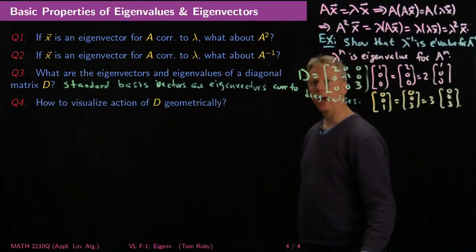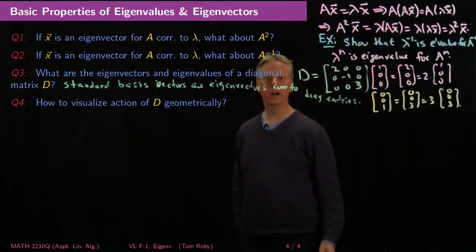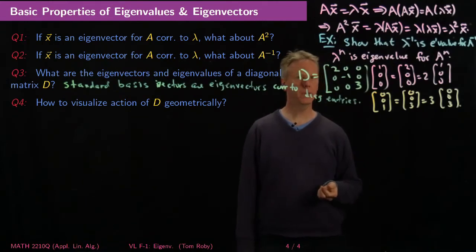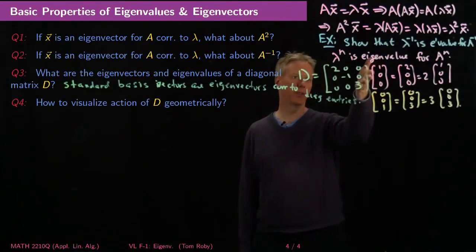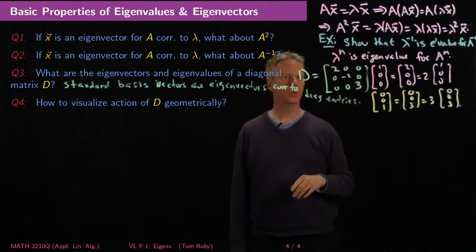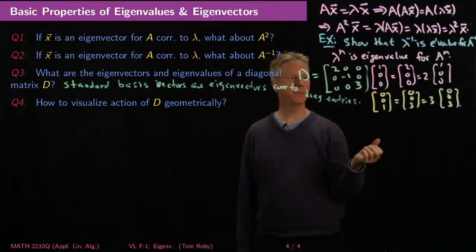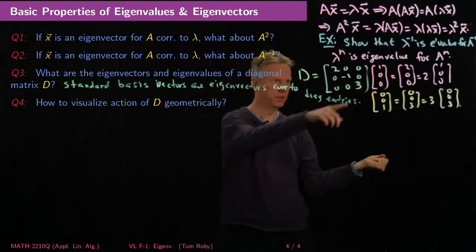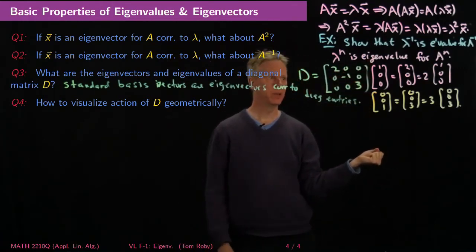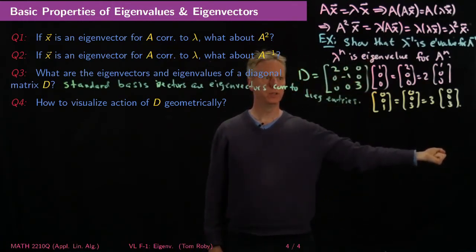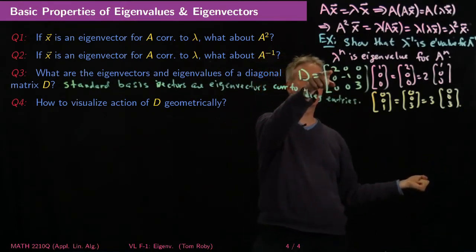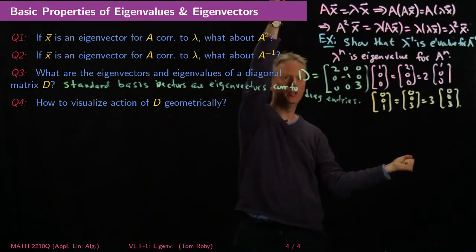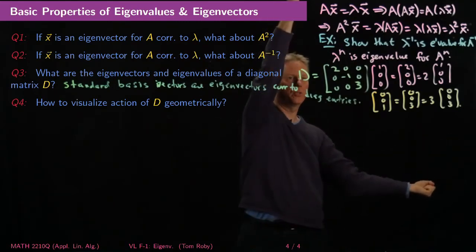Okay. Now, how can we visualize the action of a diagonal matrix geometrically? Well, here we've got a 3 by 3 matrix. If I've got e1, then it just stretches it by 2. If I only had a 2 by 2 matrix, let's say with 2 and 3, then it would be taking the square and stretching it into a rectangle, by 2 this way and 3 that way.